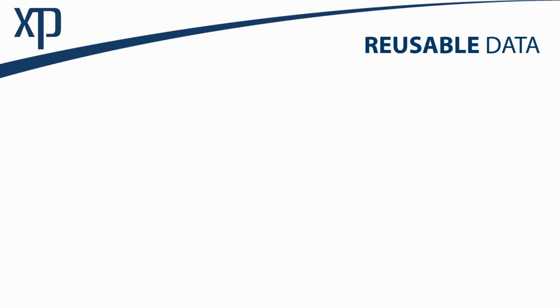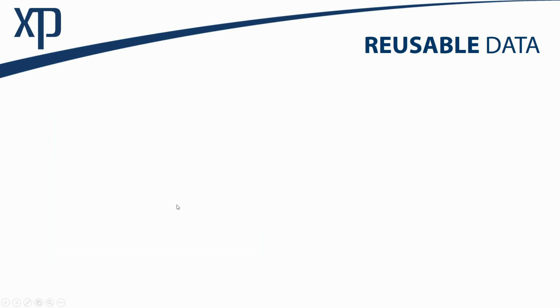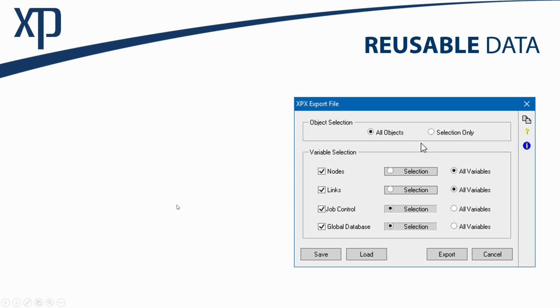But on reuse, how do you want to reuse that global data? How do you share your reusable data? For example, we have that MSE rainfall distribution in our global data. How do we get that out? Well, we do that through the XPX format.